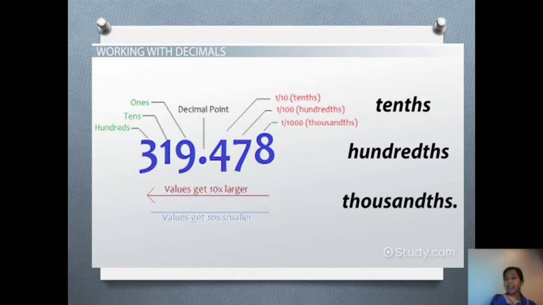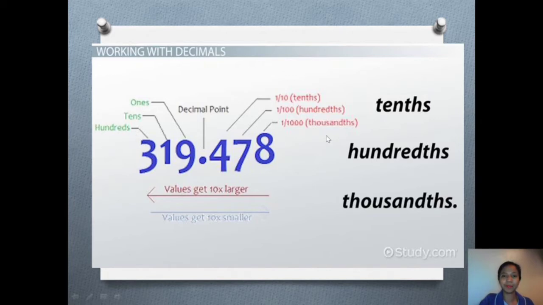So when I ask you, what is the place value of 4? Your answer must be, the place value of 4 is tenths. Understand? What is the place value of 7? The place value of 7 is hundredths.